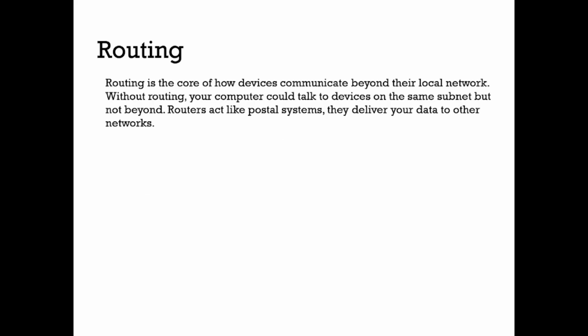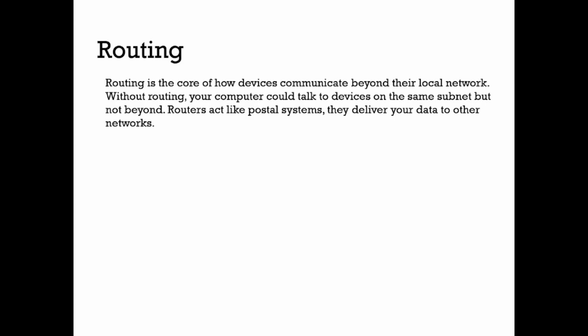So what do we understand by routing? The definition I have here is: routing is the core of how devices communicate beyond their local network. Without routing, your computer could talk to devices on the same subnet, but not beyond. Routers act like postal systems. They deliver your data to other networks.